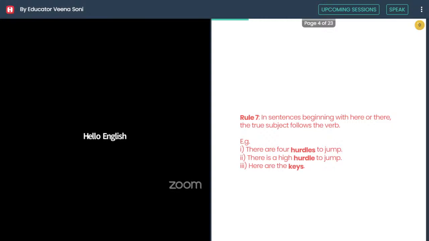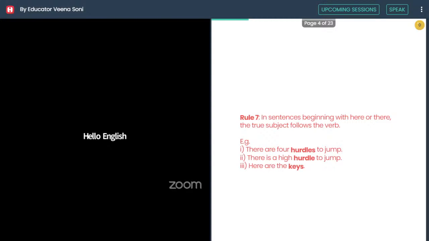Rule number 7. In sentences beginning with here and there, इधर और उधर, इन दो शब्दों के साथ जब भी sentence की बात हम करते हैं, the true subject follows the verb. मतलब जो actual में शब्द है, मतलब पहले हमने लिख दिया here. What am I trying to say? First I write here or there.